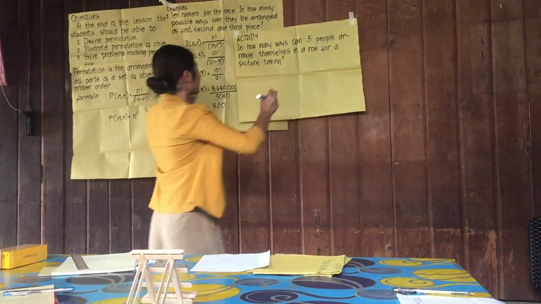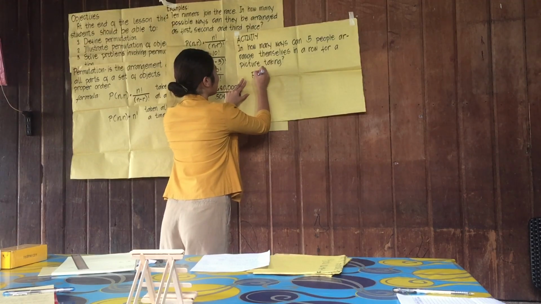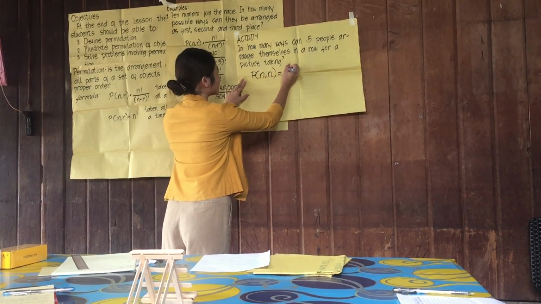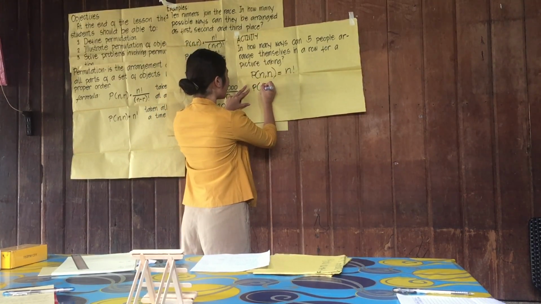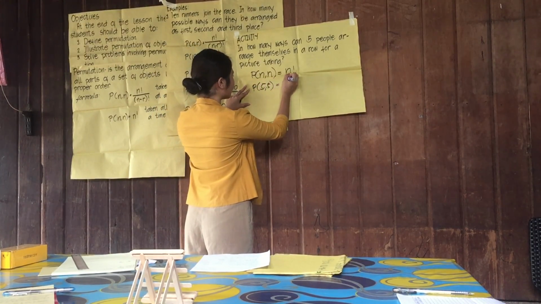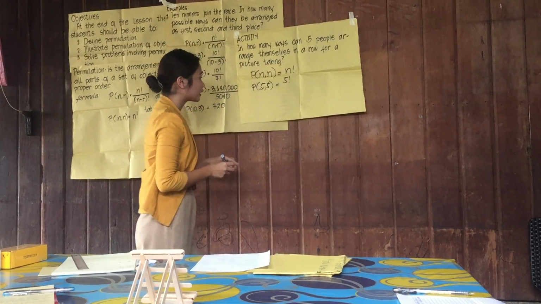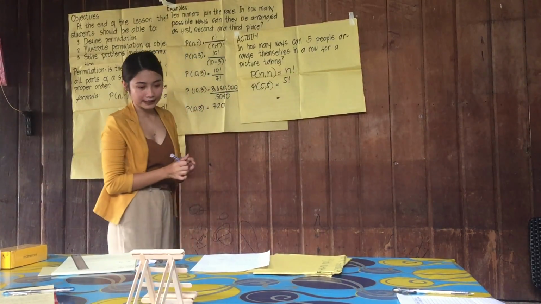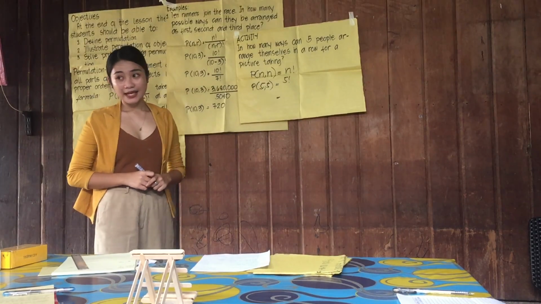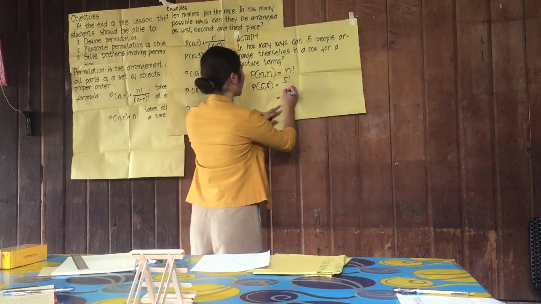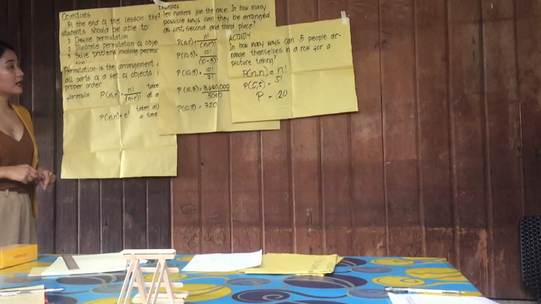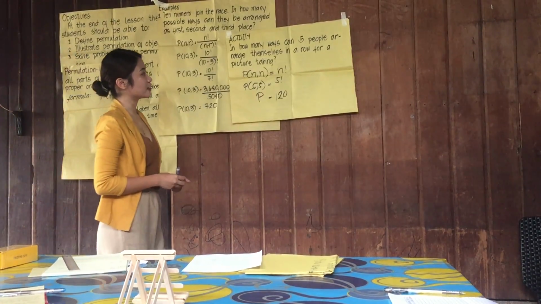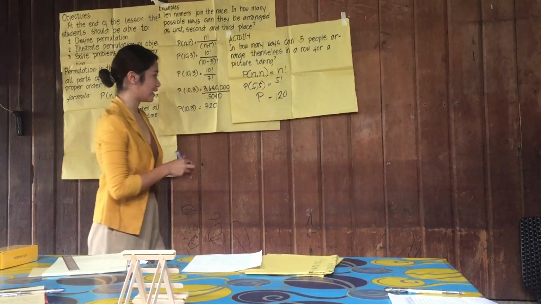So we will use this formula: P(n,n) is equal to n factorial. We have 5, so P(5,5) is equal to 5 factorial. What is the 5 factorial? Yes, very good. 120. So 120 is the number of ways 5 people can arrange themselves in a row for a picture taking. Okay, very good.